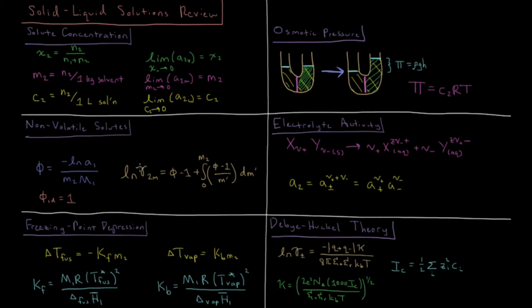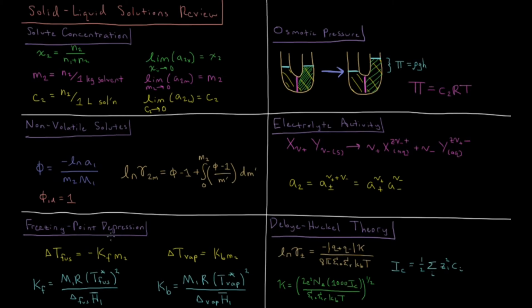The natural log of our activity coefficient of our solute is phi minus 1 plus the integral from 0 to the molality of the solution of phi minus 1 divided by molality, integrated with respect to molality. So measuring the vapor pressure and thus activity of our solvent, we get the activity coefficient of our solute.